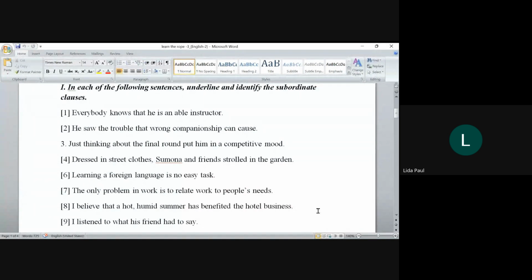Now, in the case of a complex sentence, if I have a sentence like "After the storm, the town looked deserted." Or "The town looked deserted after the storm." What is the independent clause in this sentence?